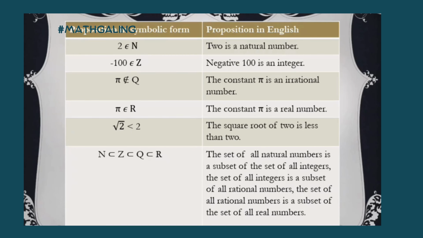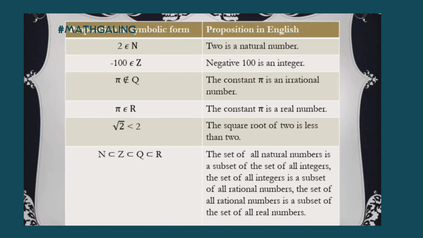So let's talk about whether the other symbols are hard to pronounce or what they should be called. Let's give an example of a proposition in symbolic form and the form of the proposition in English. Our first example is: 2 is a natural number. The second is: negative 100 is an integer. The third one is: the constant pi is an irrational number. Next is: the constant pi is a real number.